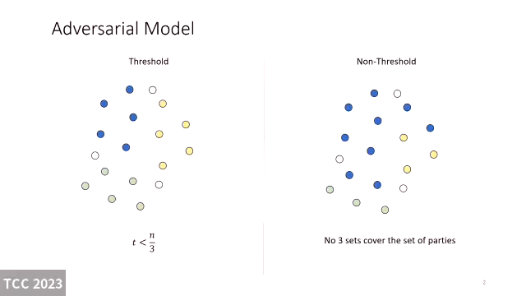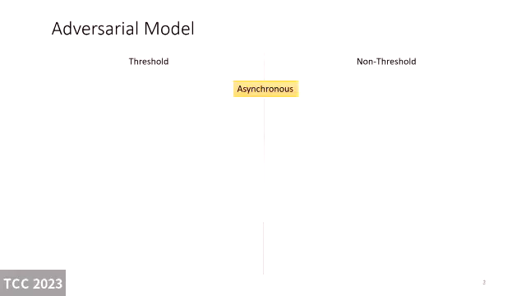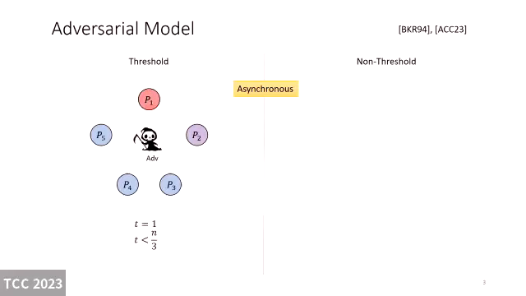So to understand this with more examples, MPC is possible in an asynchronous network as long as up to a third of the parties are corrupt. So if we have 5 parties, then one of them can be corrupt at once.